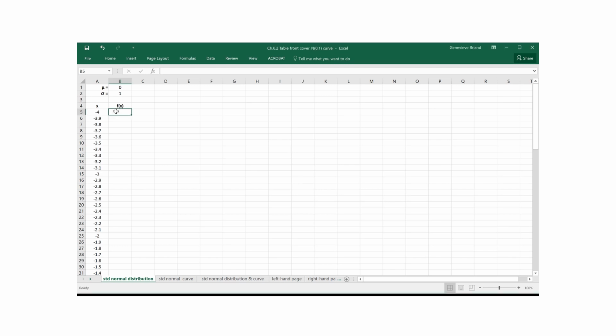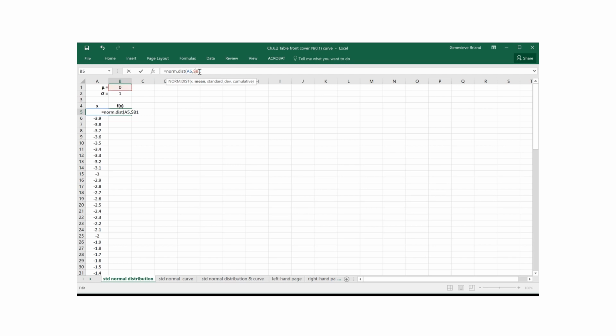Next we call up the normDist function, and we are going to compute those f values for x values ranging from -4 to +4. So we need the x value. First we are going to get that from cell F5. The mean is found in cell B1.